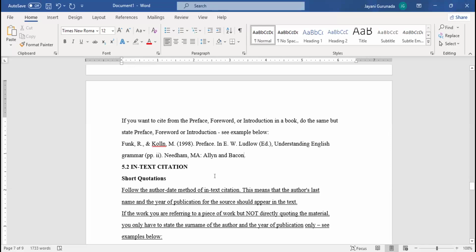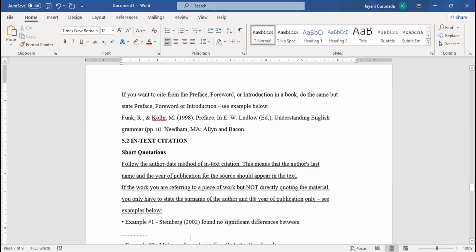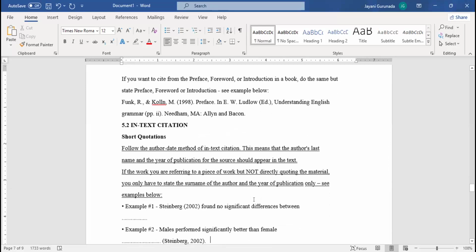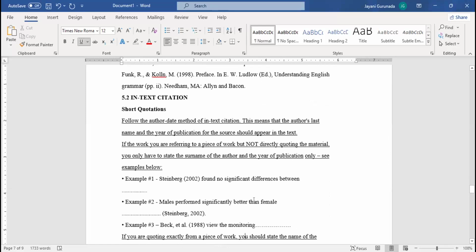Right. Then in-text citation. Now when we are writing, especially the literature review, you have to write the in-text citation. There we write only the name and the year. For the first one, Funk and Colin, 1998. We don't write the R or anything. Funk and Colin 1998.